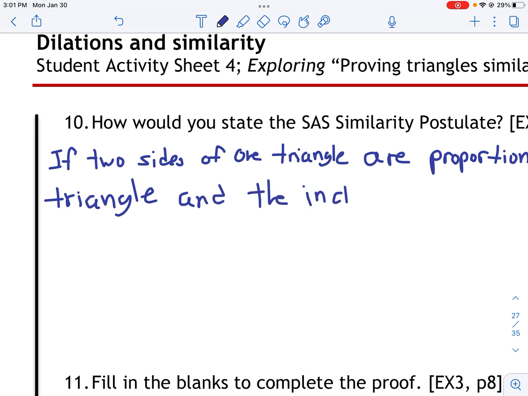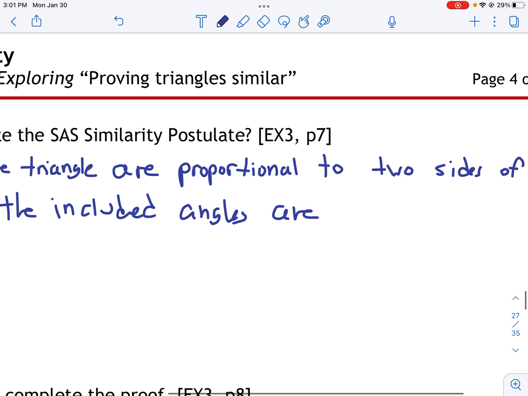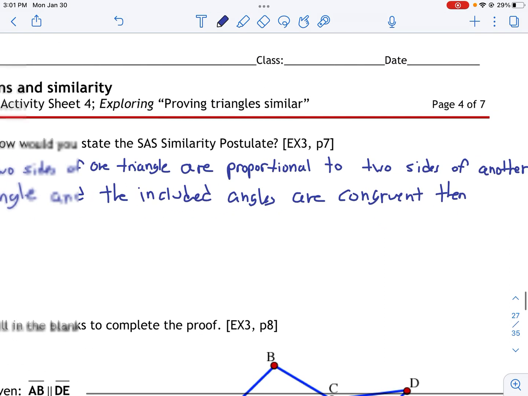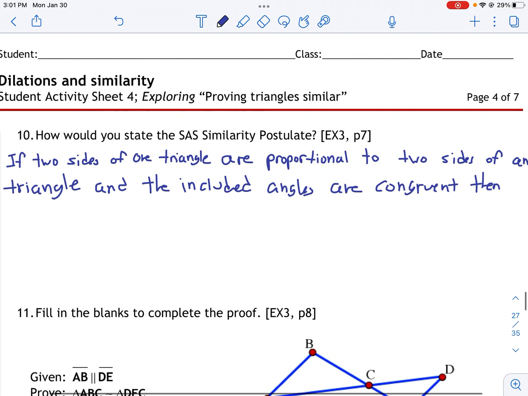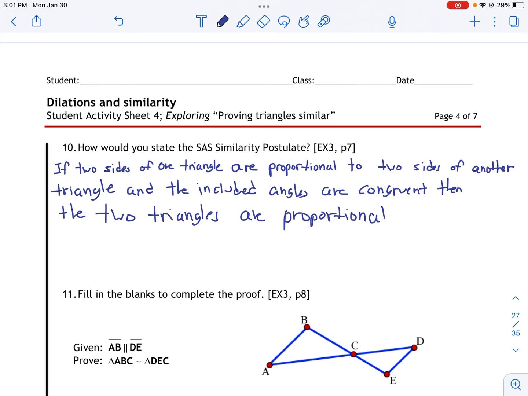So now we have the sides are all proportional. And the included angles are congruent, then the two triangles are similar.